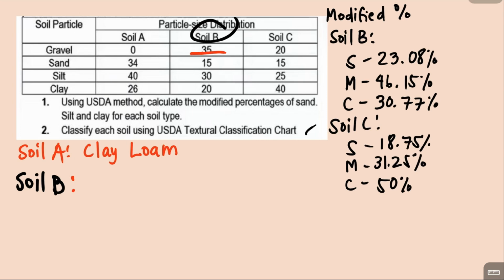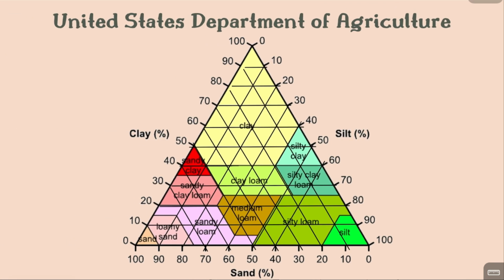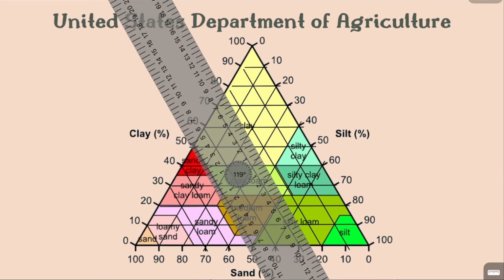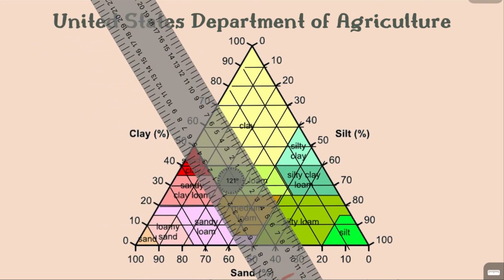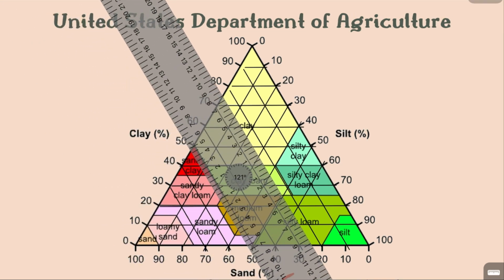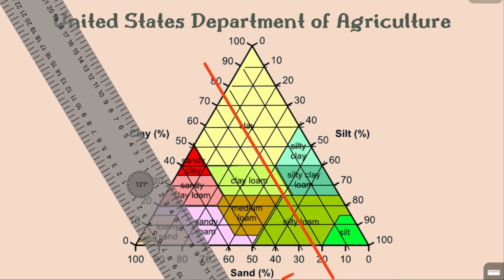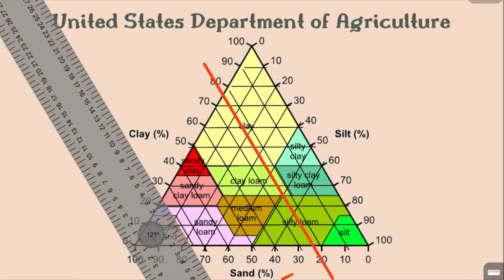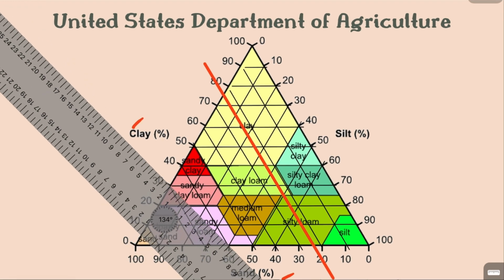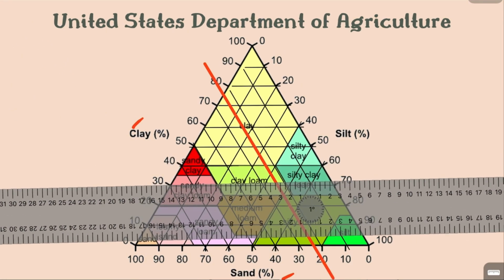Moving on to soil B, let us use the modified percentage for soil B, disregarding the percentage of gravel. Following the clockwise motion, let's start with sand, 23.08%. Sand percentage is right about here. Let's draw a line. Moving on to clay, 30.77. That's about right here.